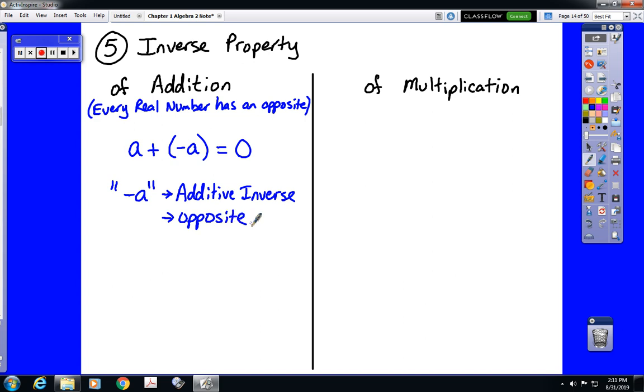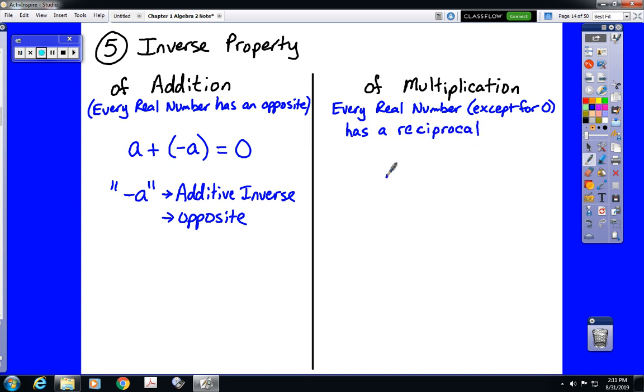Okay? For multiplication, we say every real number except for 0 has a reciprocal.